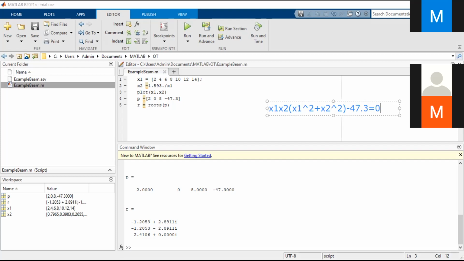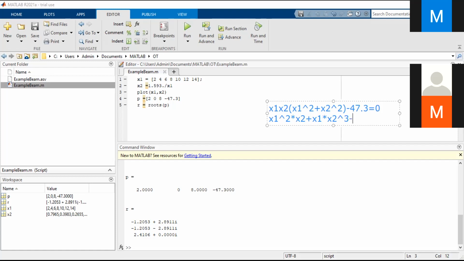But we need to write it in standard form. Okay, so what I'm going to do? x1 square into x2, right? Plus x1 into x2 cube, right?